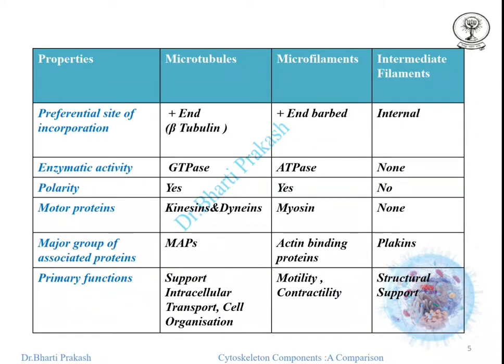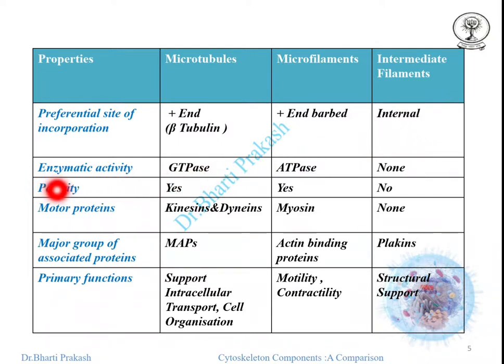Now coming to the preferential sites of incorporation, we will see what they are for these subunits. The subunits in the microtubules are added or incorporated at the plus end. The subunits in the microfilaments are also added at the plus end, the barbed end, and in the intermediate filaments, the subunits are incorporated internally.